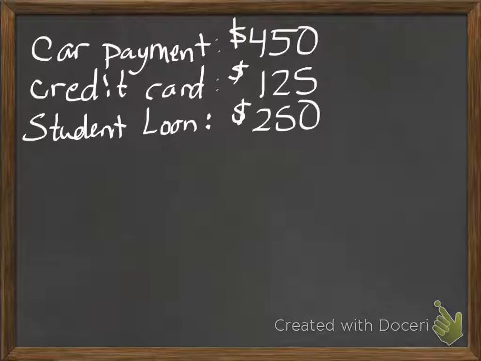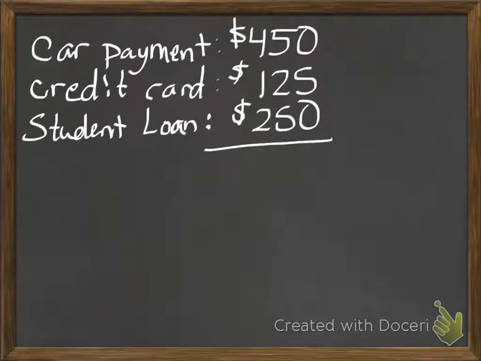So if we currently have these payments that we have to pay each month, a car payment of $450, credit cards of $125, and student loan of $250.